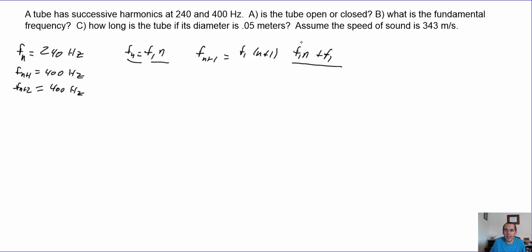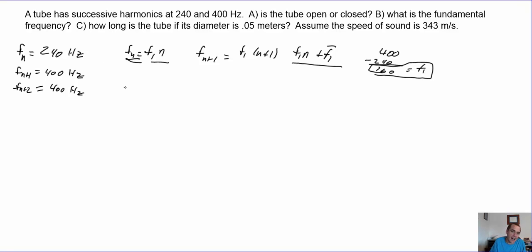Well, if I subtract this equation from that equation, what I get is F1, which means if I take 400 minus 240, I get 160, which is F1. However, that's a problem, because if F1 is really 160, then there is no integer n I can multiply by to get to 240, which right away tells me this is not an open tube.